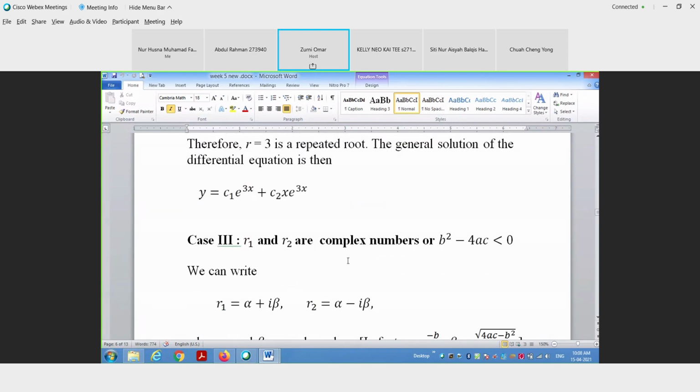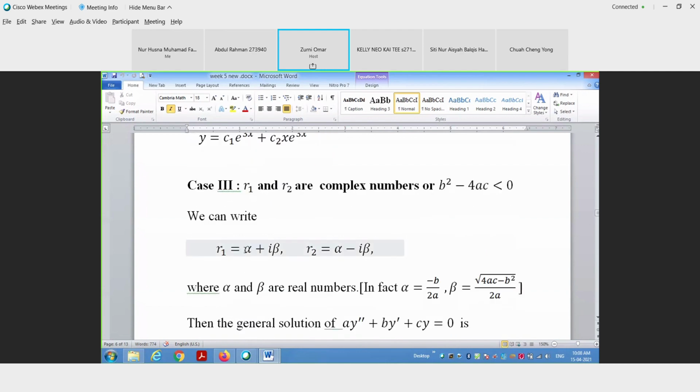For case 3, when r1 and r2 are complex, this occurs when b squared minus 4ac is less than 0. So r will consist of a real part and an imaginary part, where both alpha and beta are real numbers.